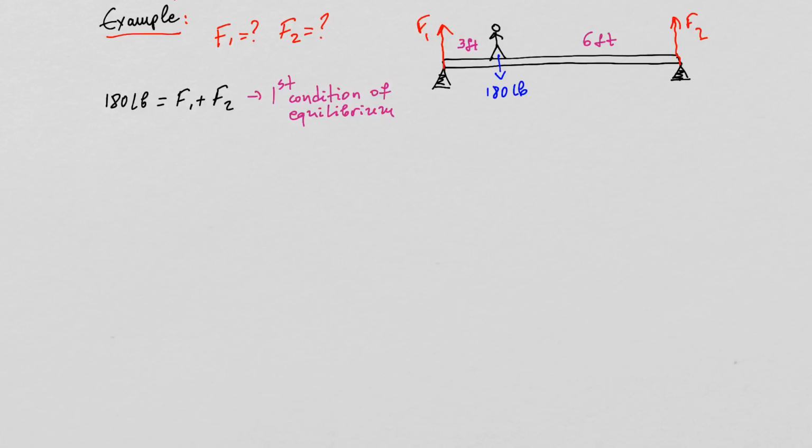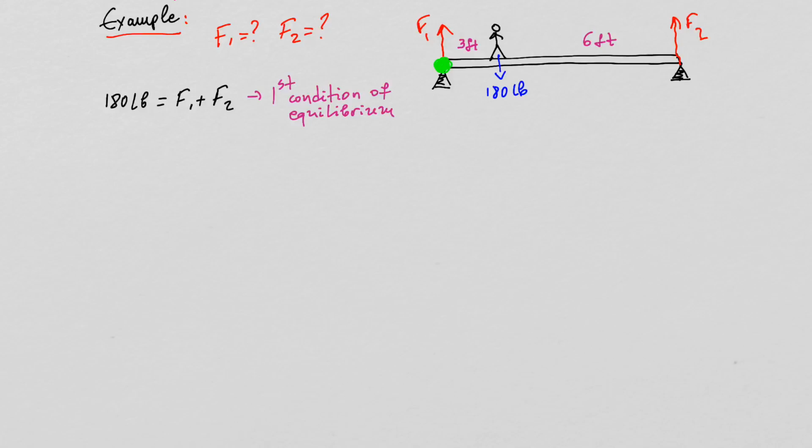And so I will select my point of rotation to be at the left support, right here. So I'm going to calculate all torques with respect to that point of rotation.